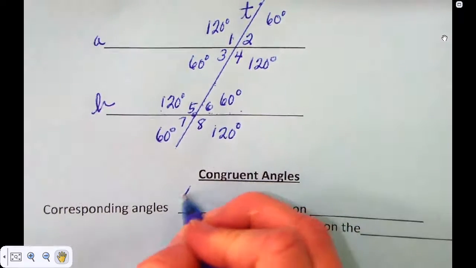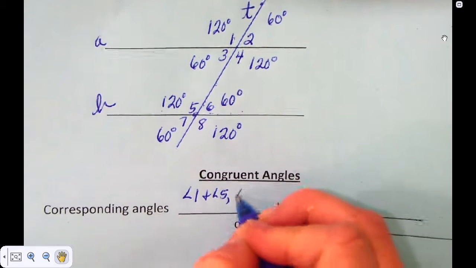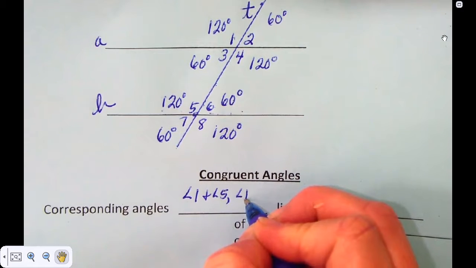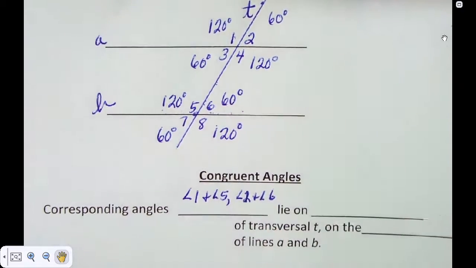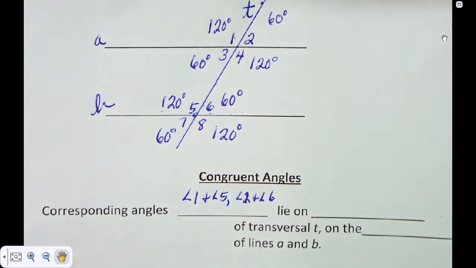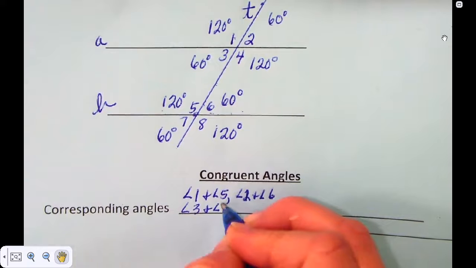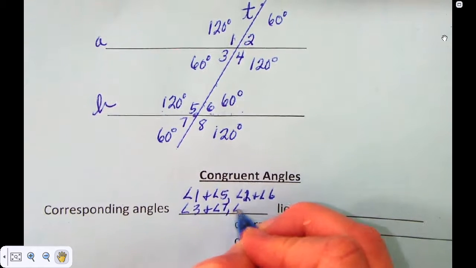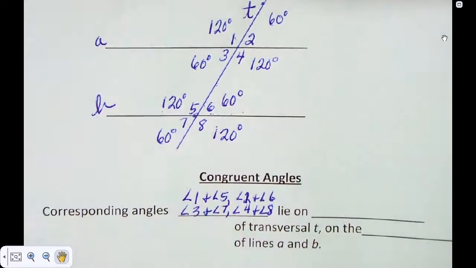So on our line, angle 1 and angle 5, angle 2 and angle 6, angle 3 and angle 7, angle 4 and angle 8 correspond to each other.